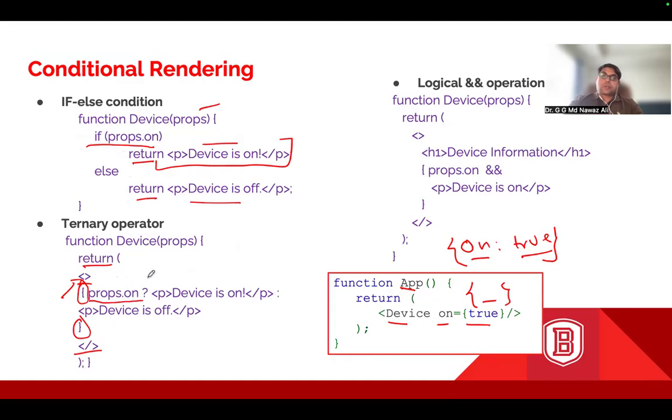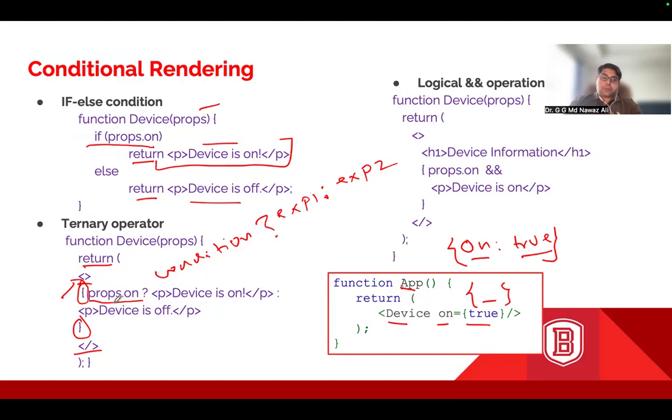If the condition is true, the first expression is returned, say expression 1. If the condition is false, it returns the second expression. That's what the ternary operation is doing here.